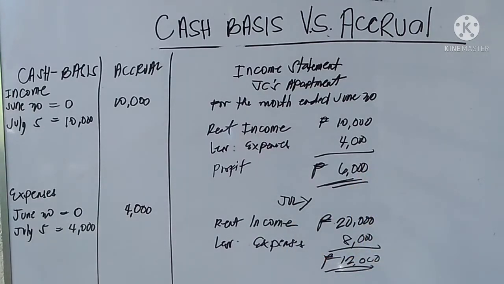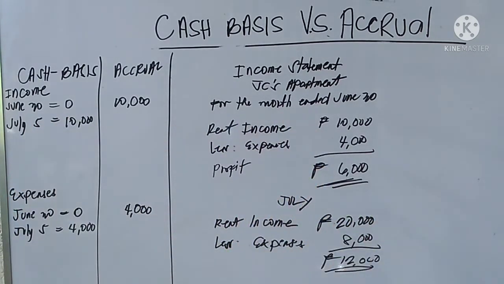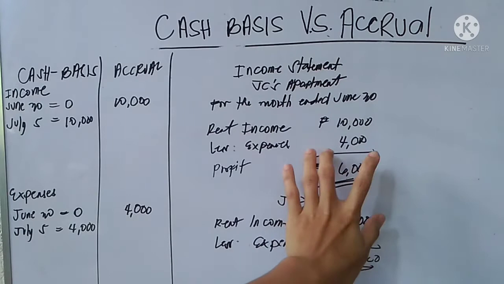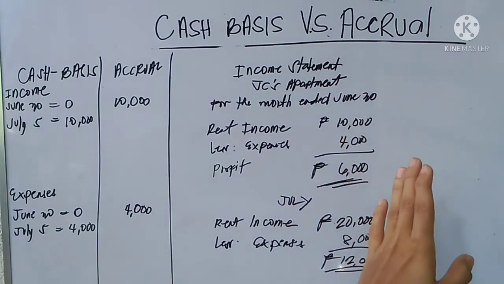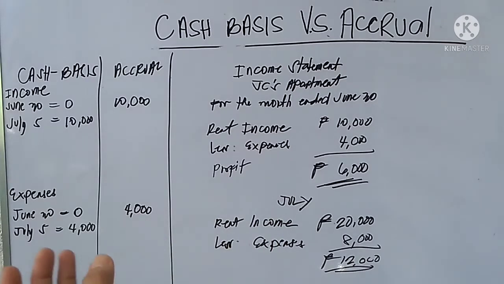So, how about under the cash basis? So, sa cash basis natin, by June 30, you have zero profit, kasi wala kang nare-record na income, wala ka ring nare-record na expenses kasi nga hindi nakapagbayad sa tenant at hindi ka rin nakapagbayad ng salaries expense for your caretaker.